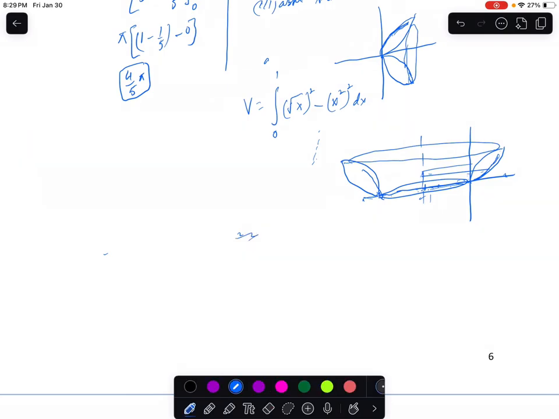So outer radius, so yes, it is x, but x is equal to, so we go from here till there. So this was square root of y. So square root of y plus 1.